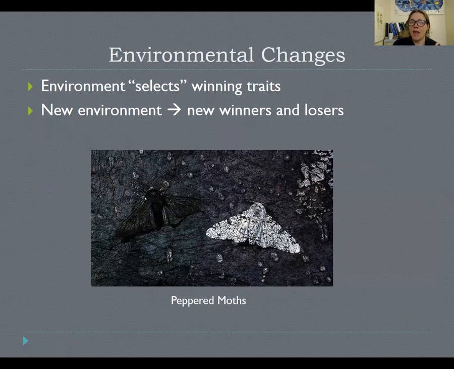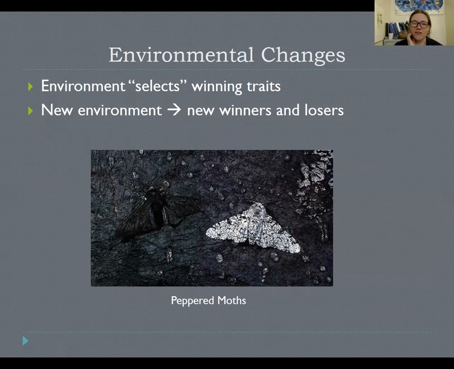Many moths that lived in that area, particularly the peppered moth, had adapted over many, many generations to be well camouflaged against that grayish, whitish bark. But then, as lots of coal was being burnt very rapidly, soot started to gather on the trunks of the trees, and they all started to turn a lot darker.